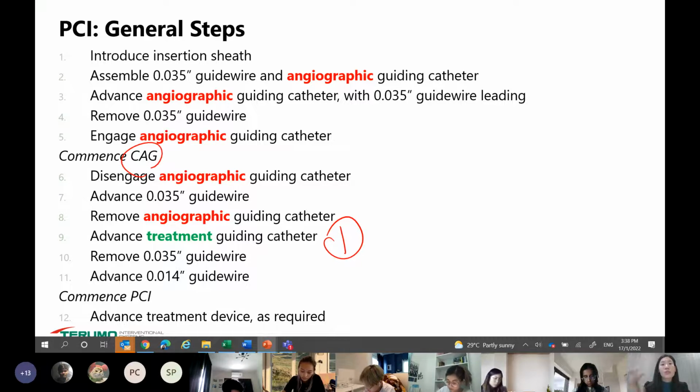That's the role of the angiographic guiding catheter. But the treatment guiding catheter has to support different kinds of treatment devices. Later you'll see it needs to support the balloon catheters and imaging catheters into a lesion which is tight and causing a lot of resistance. Because of this difference in functions, the properties are very different, so there's actually a difference between your angiographic and your treatment guiding catheter.